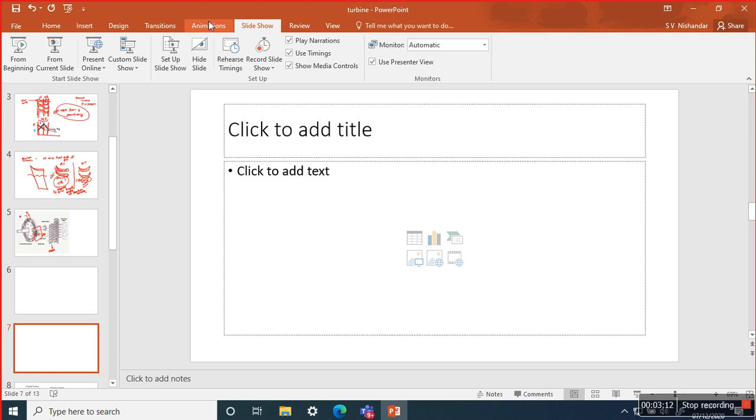Okay, now we draw the reaction turbine and its pressure velocity diagram. The only change I told is that there is a varying cross section and the nozzle is replaced with fixed blade. So it consists of one set of fixed blade which is followed by a set of moving blade.